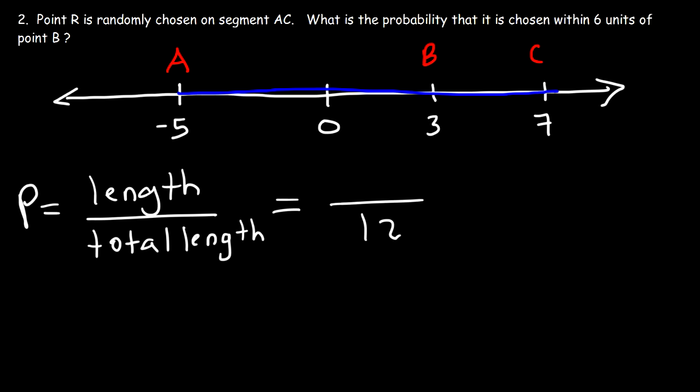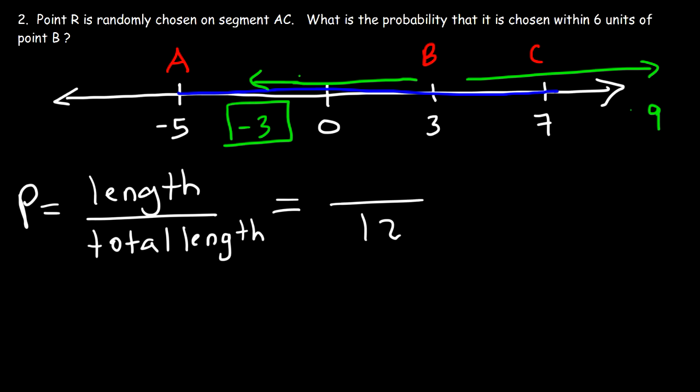Now we want to find the probability of choosing a point that is within 6 units of point B. So how much is that? 6 units to the left will take us to negative 3. 6 units to the right will take us to position 9. 3 minus 6 is negative 3, and 3 plus 6 is 9.